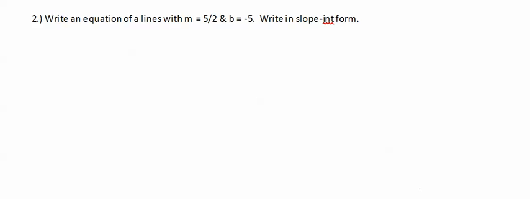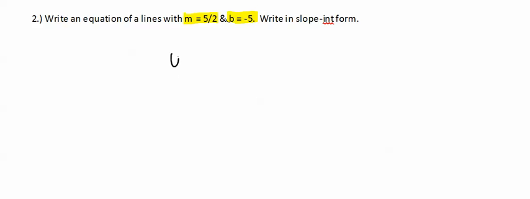And there is our equation in standard form. Looking at number 2, it says write an equation of a line with a slope 5/2 and b equals -5. Well, what b is, if you remember, b is our y-intercept. And again, we have the slope, so we have to think about what form has y-intercept and slope.